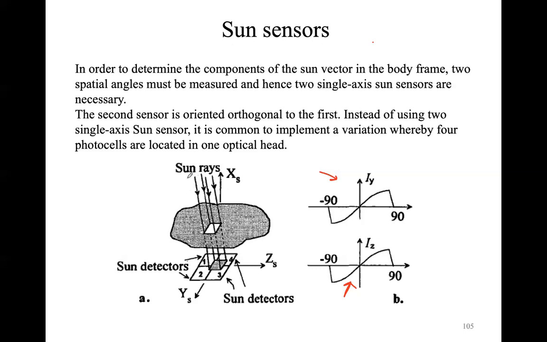So you have an angle with respect to the x-s axis. This one, for example, can be seen as the case in which you have your sun solar cells in this way. So this is XS, and this is the second set with XS.